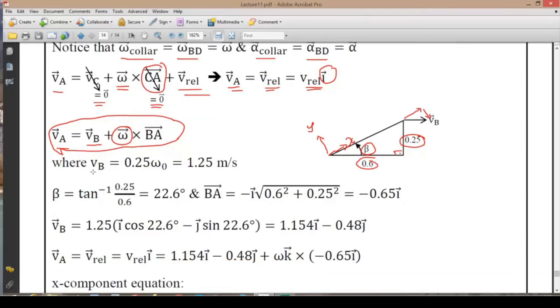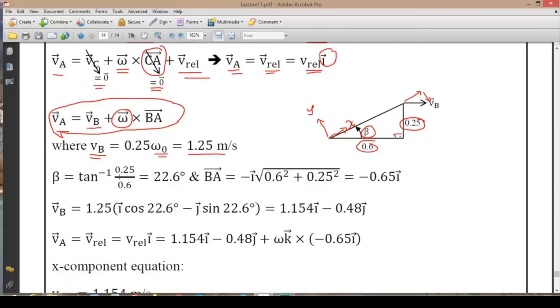So based on that, first of all, velocity of B is calculated by using this omega 0 information. This is 0.25 omega 0, and the direction is shown here as the rotation is in the clockwise direction. It is 1.25. This is just a magnitude. We don't have any sign here. And on top of that, now we know about the resolution of that. We're going to use this beta angle.